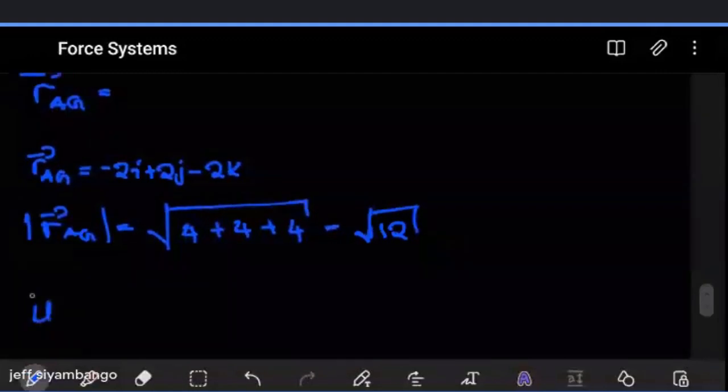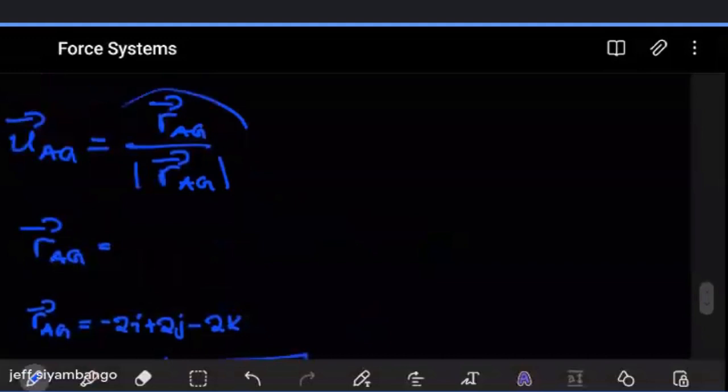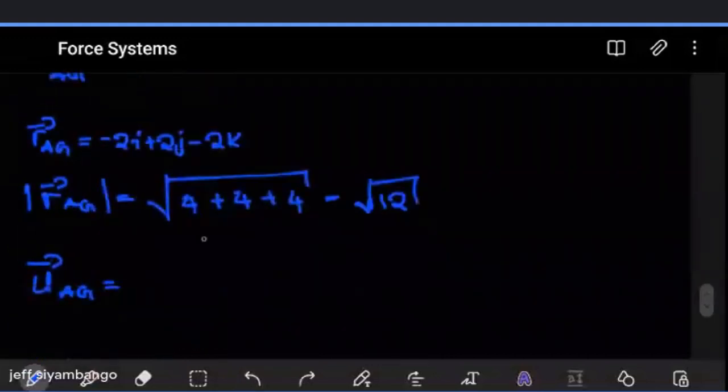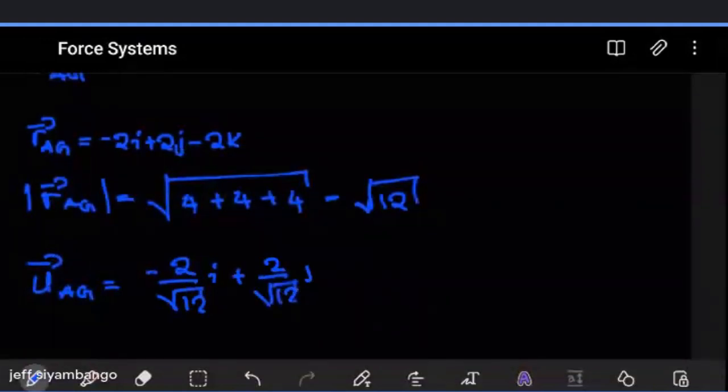The unit vector that runs from A to G is equal to our displacement divided by its magnitude. So each piece is divided by root 12: negative 2 over root 12, plus 2 over root 12, minus 2 over root 12. So that is my unit vector.